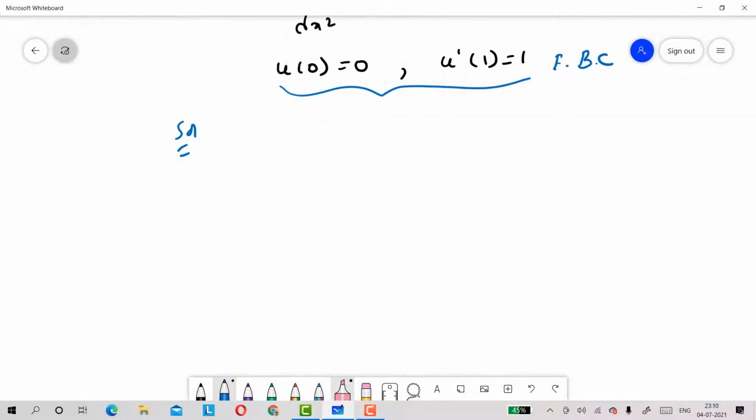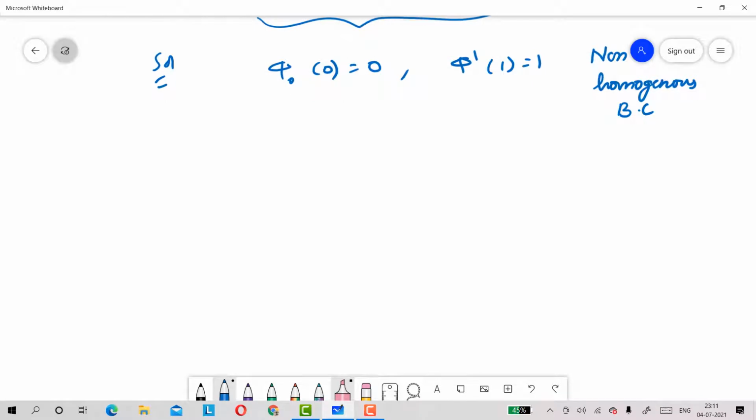Okay, so according to the boundary conditions, phi(0) equals to 0 and phi dash (1) equals to 1. So this is a non-homogeneous boundary condition, and we will write the set of homogeneous boundary conditions.